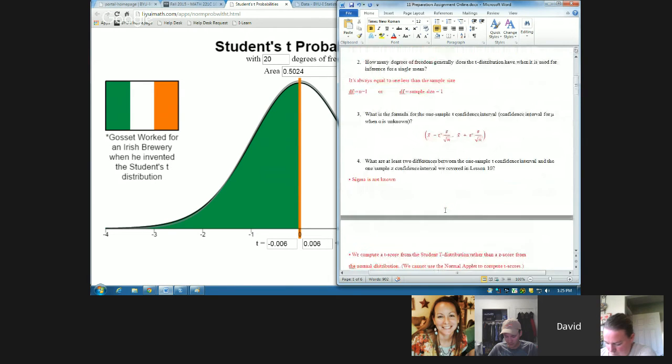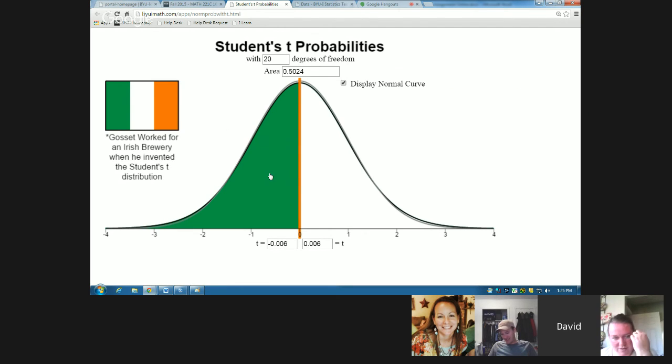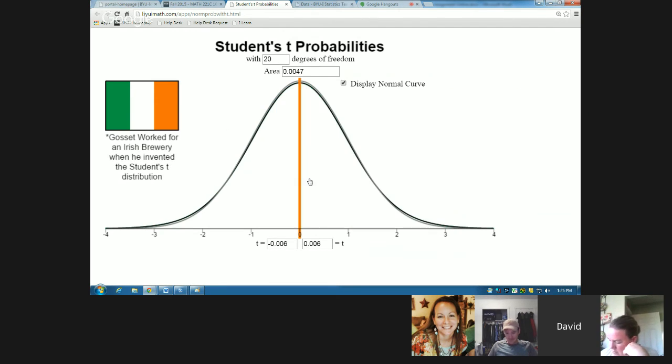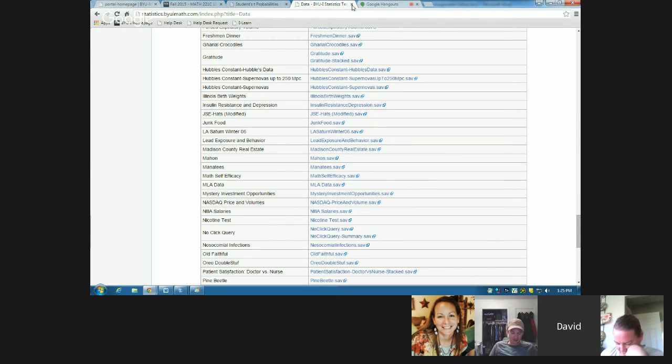Yeah. And then you do the exact same thing, only you add it. I wish there was an applet for that. All right, so let's start plugging in numbers.